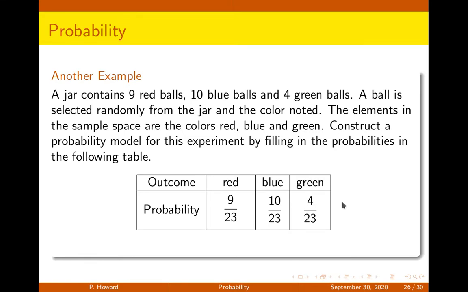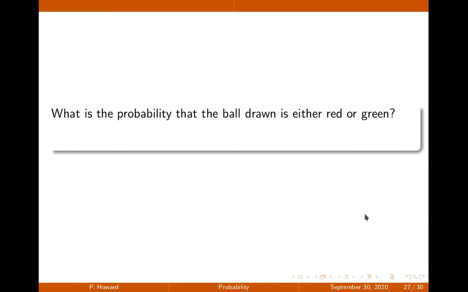And now let's look at the probability that, before we do, we want to make sure that the probabilities in our probability model add up to 1. So what is the probability that the ball drawn is either red or green?